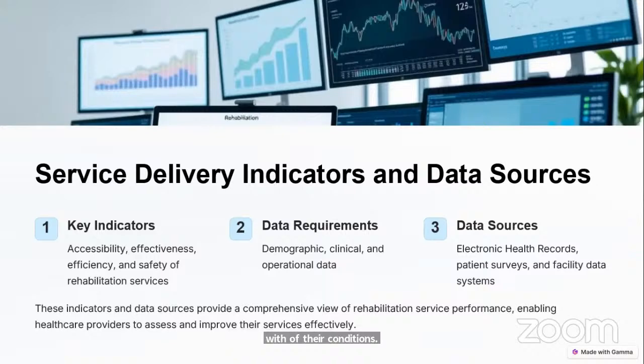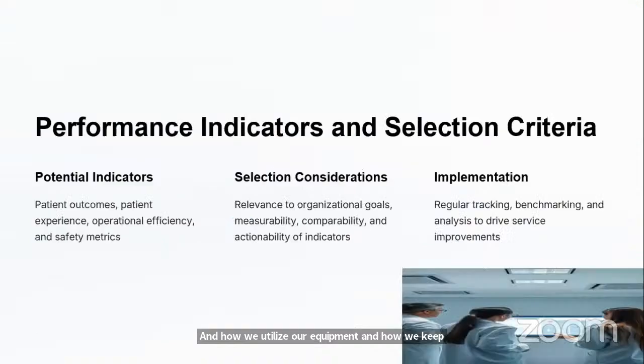And the facility data system, like I mentioned earlier, covers the issue of the staffing, the scheduling of our visits, and how we utilize our equipment and how we keep and maintain them effectively.